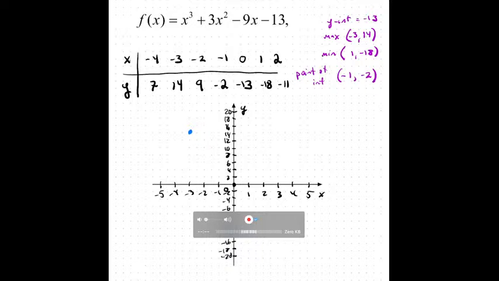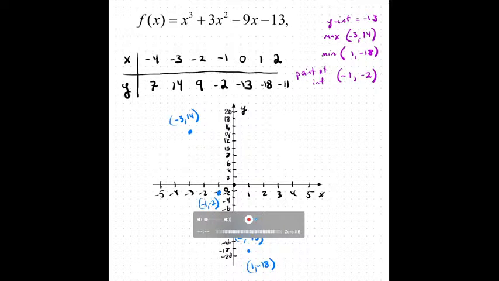This was -3, 14. This was the y-intercept, 0, -13. We had a relative min at 1, -18. So here. We have a point of inflection at -1, -2, which is like here. That's where it should go from concave down to concave up.